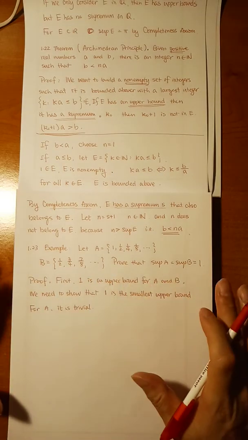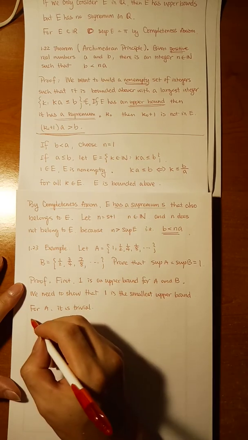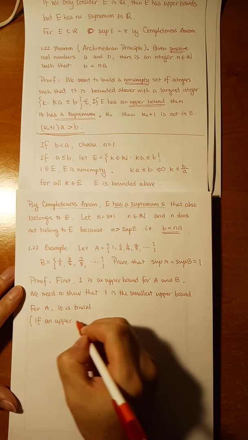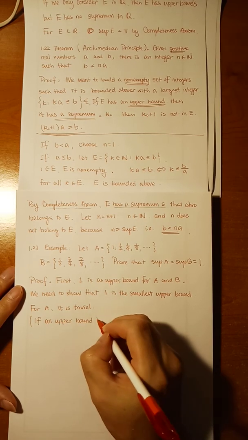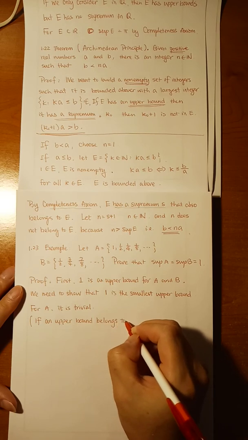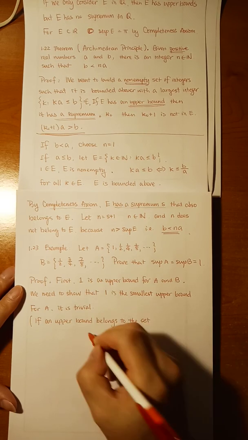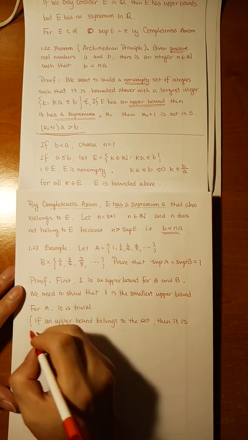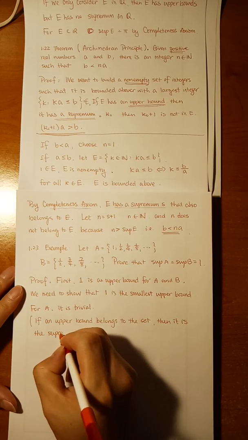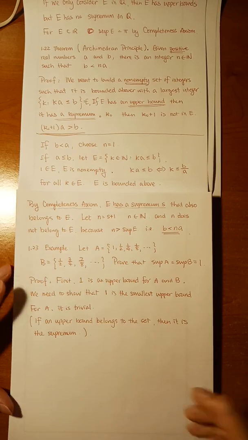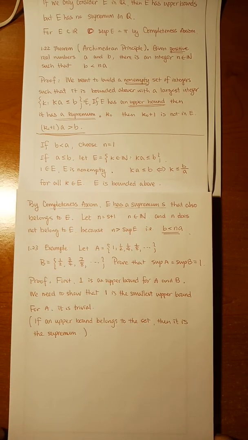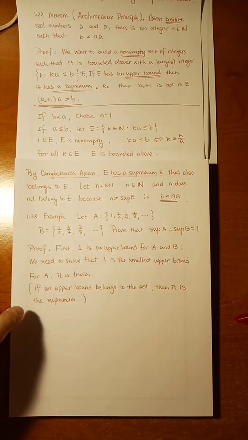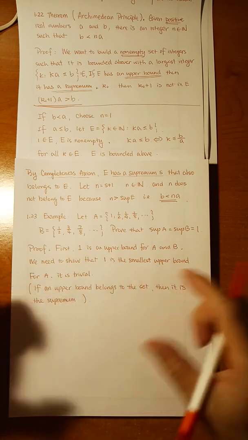Actually, in this example, we also have a result: if an upper bound of the set belongs to the set, then it is the supremum. Okay, so that's exactly the situation. You can imagine how to show it. If you don't know how to show it, check the example that 0, 1 has a supremum 1.